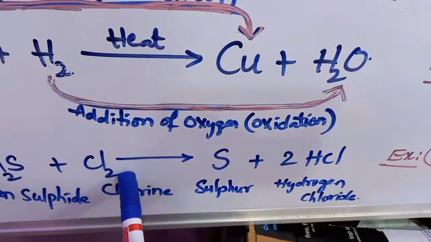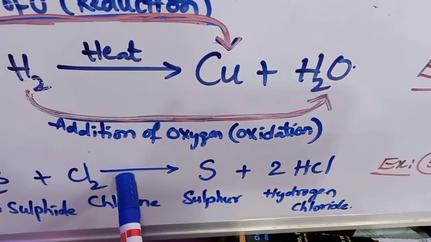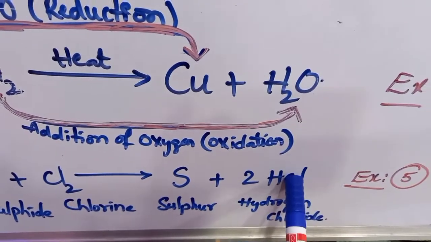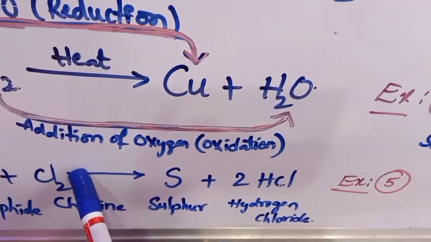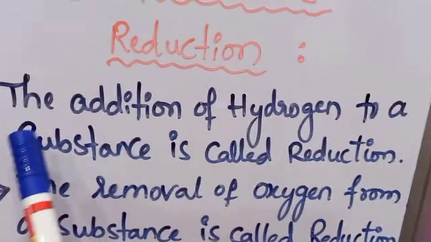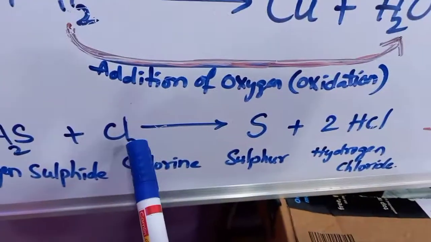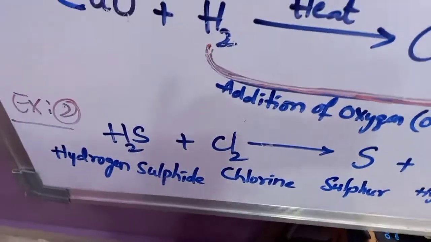And see chlorine. How is chlorine converted? After the reaction, chlorine is converted into HCl. That means chlorine gained hydrogen atoms and converted into HCl. So addition of hydrogen is taking place here. Addition of hydrogen to a substance is called reduction. That means chlorine is undergoing reduction, and H2S is undergoing oxidation.